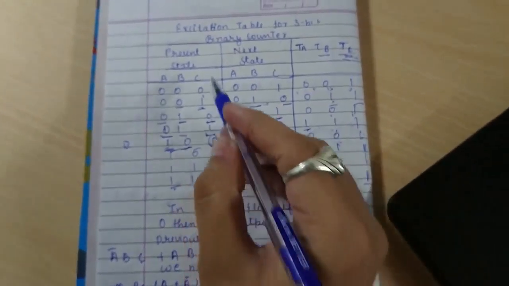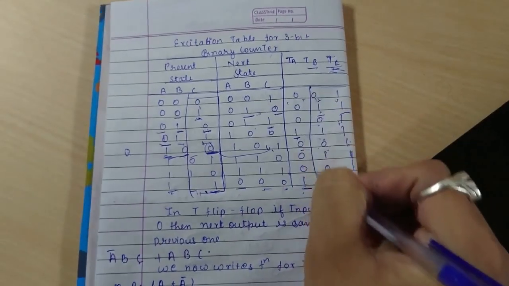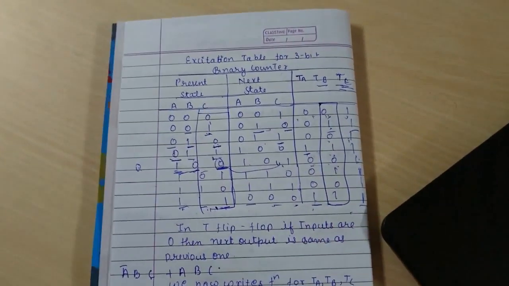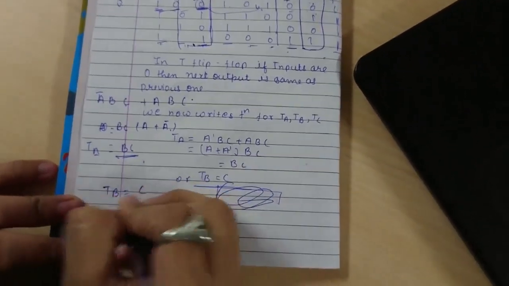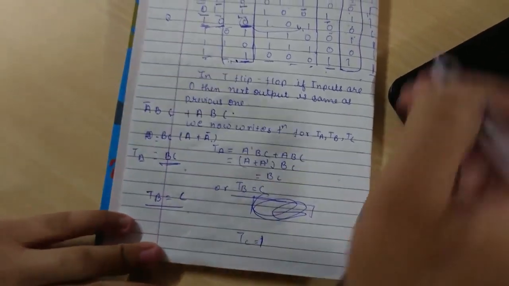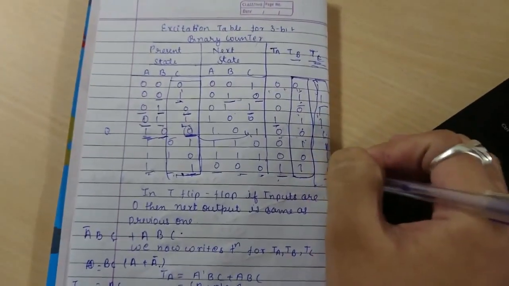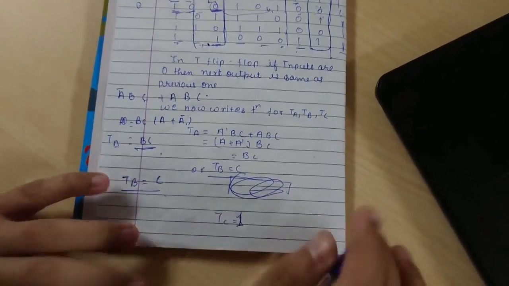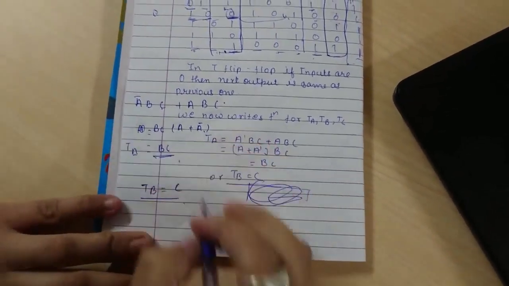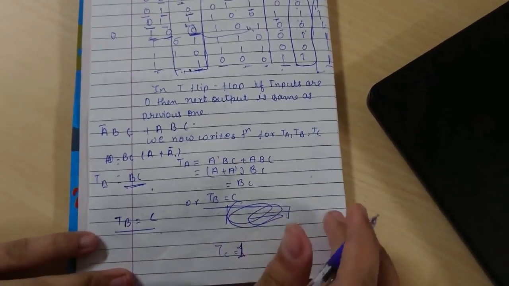When C is 1, you can continuously see that these two lines are the same. So we can write TB equal to C. Okay, now you can see that TC does not depend on any output. It always remains 1. Now we have all three functions. We are trying to design the flip flops for these functions.